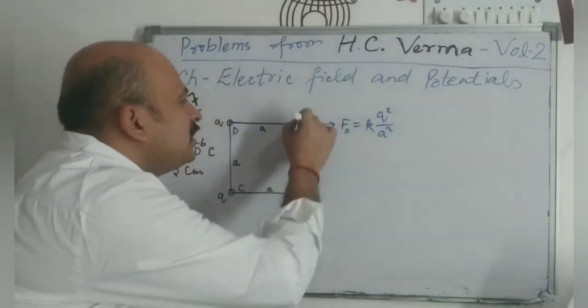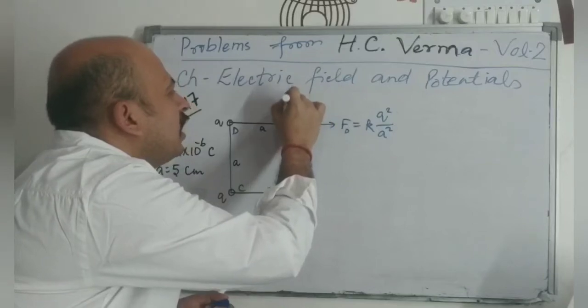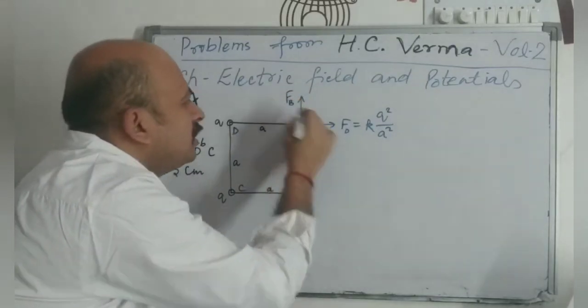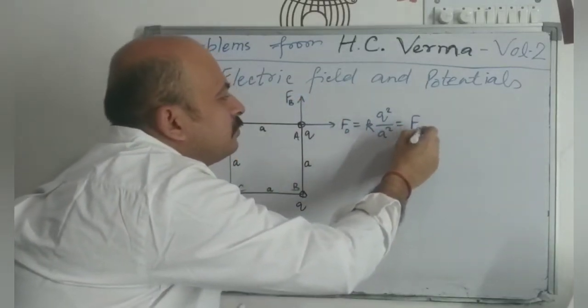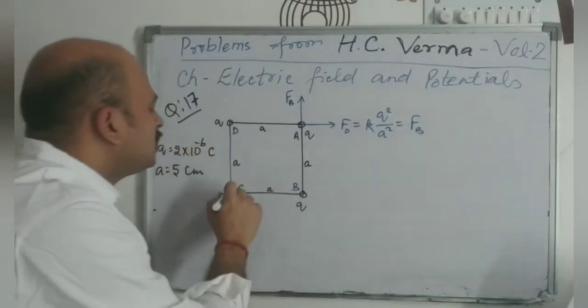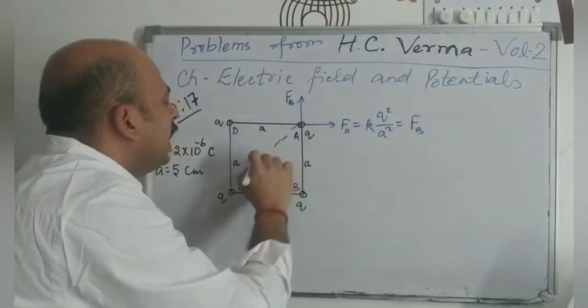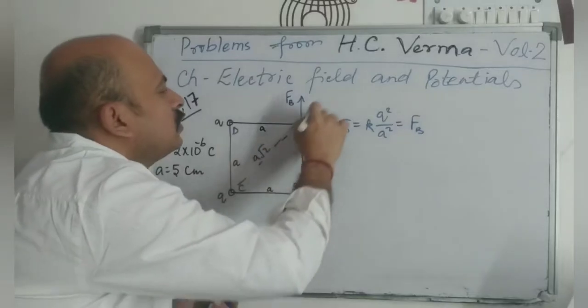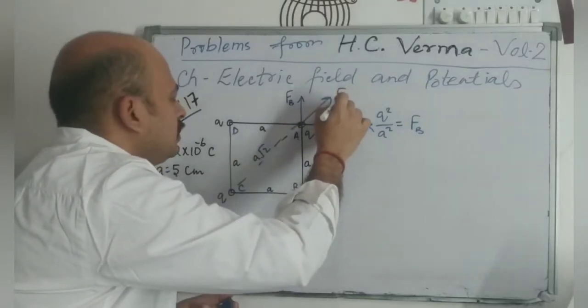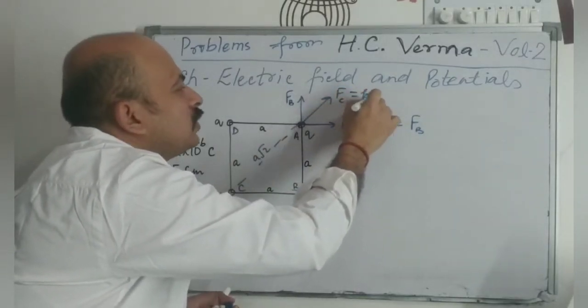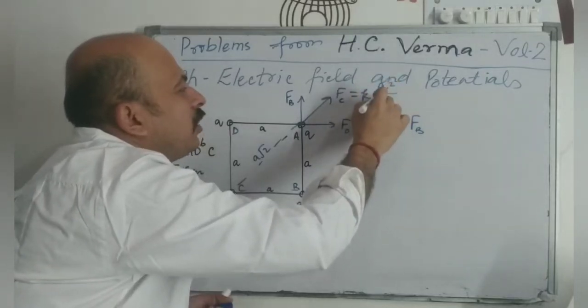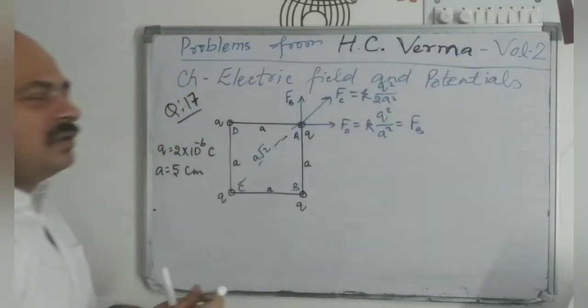Due to B charge, it is again acting away from the charge, Fb, that is equal to Fd. And due to this charge, as the diagonal is root 2 a, this is Fc and that is equal to k q square upon 2a square.